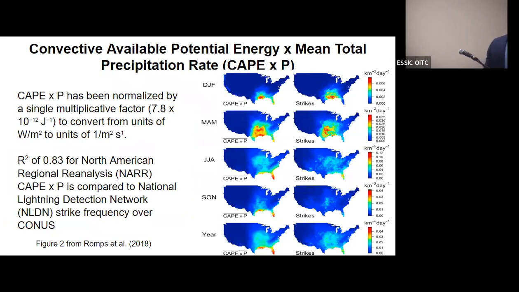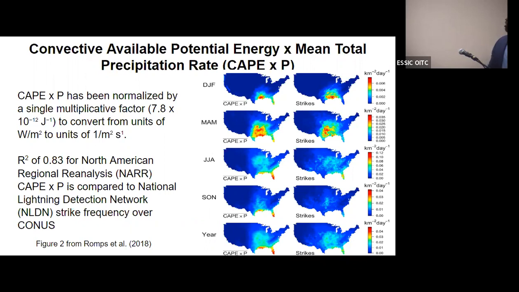Do you expect that that's going to work well with the AM4 model in predicting total flashes? I guess the ratio of intra-cloud to cloud to ground varies quite a bit geographically, and I just wonder what you expect to get when you try to predict total lightning.